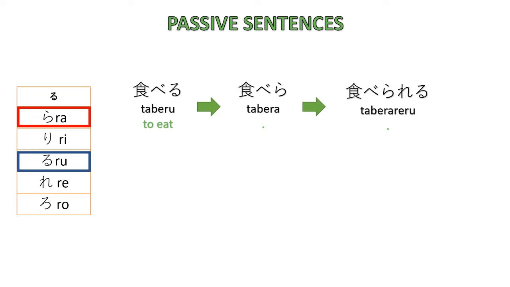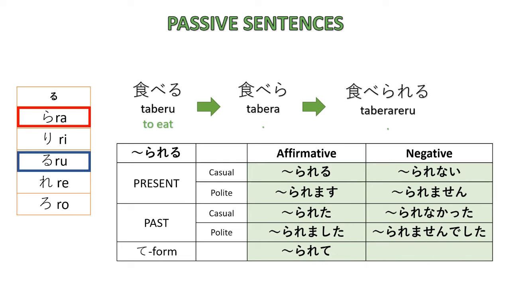Taberareru. So this is the conjugation for rareru. We have rareru, rarenai, raremasu, raremasen, rareta, raremashita, rarenakatta, raremasen deshita. And then the te form is rarete. Okay?